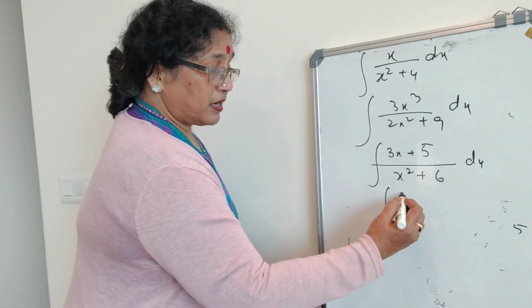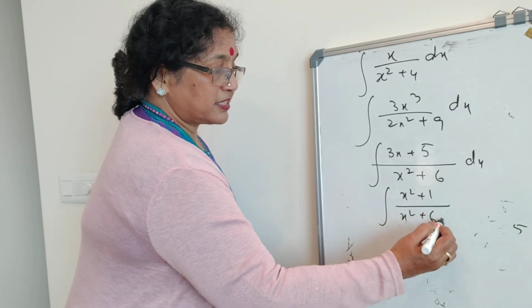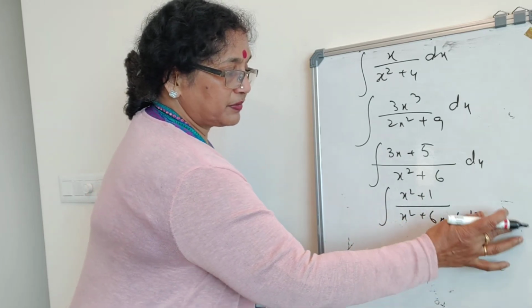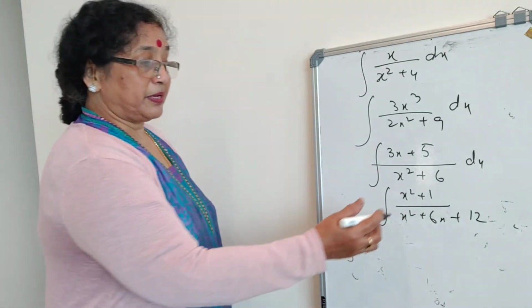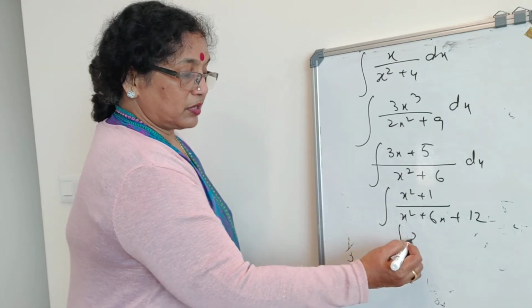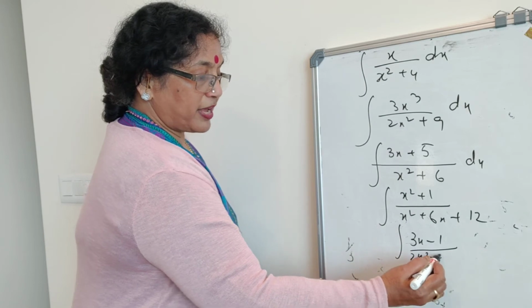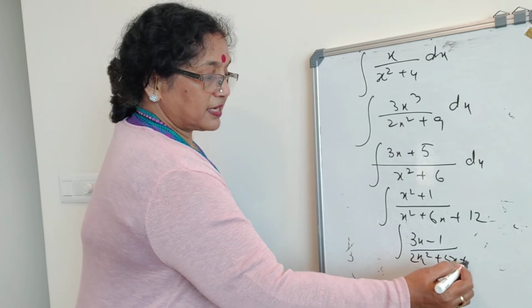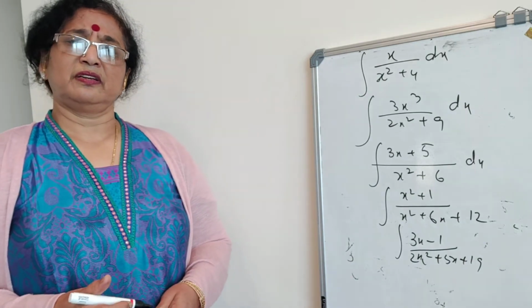You have x square plus 1 divided by x square plus 6x plus 12. Or you have 3x minus 1 divided by 2x square plus 5x plus 19. Whatever. You can see the difference.